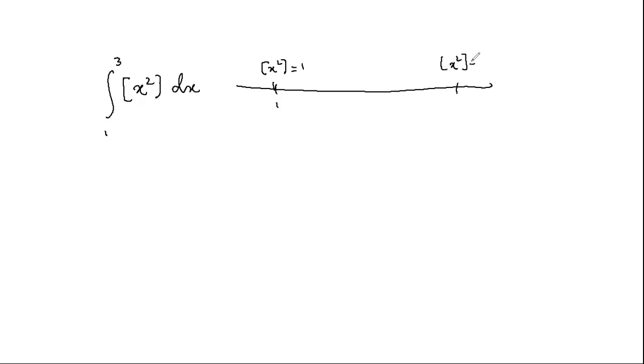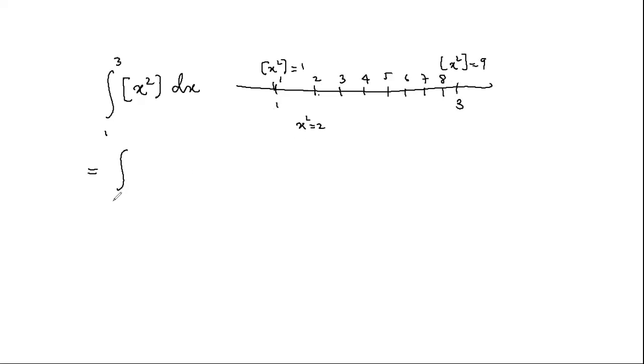The integer of x square is 9 when x is 3. Remember, here it is 1, it will become 2, 3, 4, 5, 6, 7, 8, right?